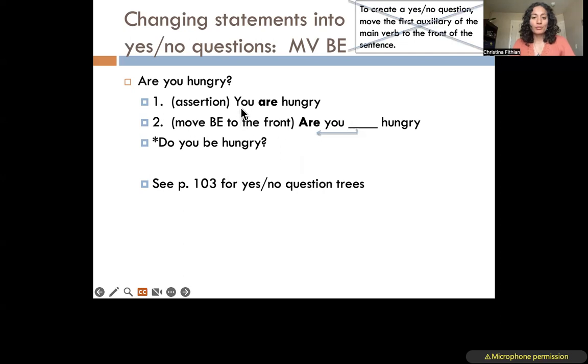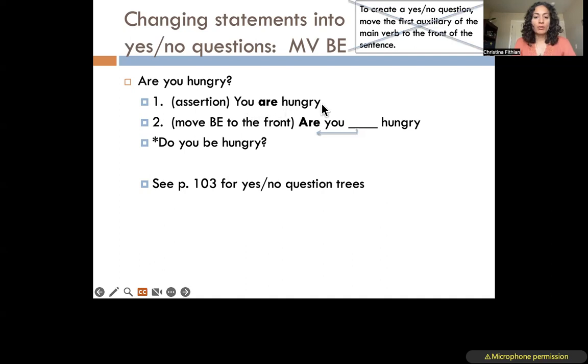So if we want to get the question, "Are you hungry?", the first thing we've got to do is actually move main verb be back to its original place, and you get, "You are hungry." So main verb be is the only main verb that moves, that raises. In all other instances, it's always going to be an auxiliary that moves, but never the main verb.